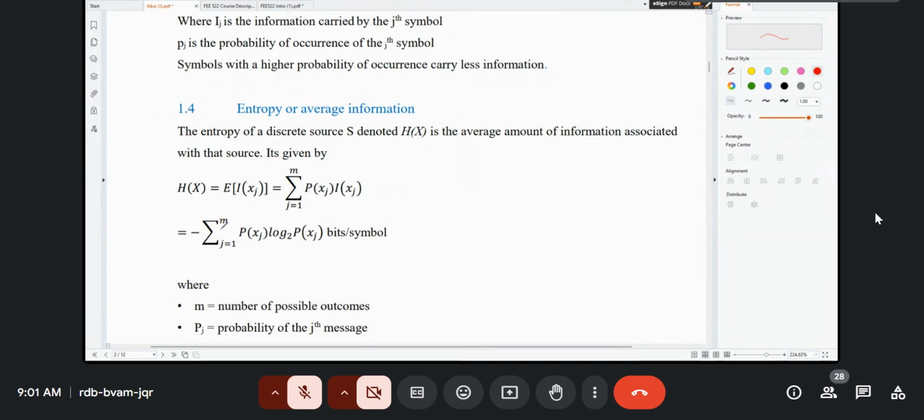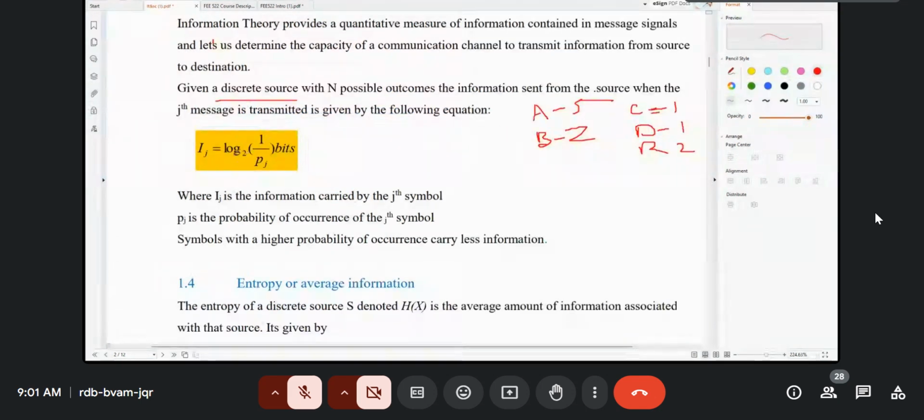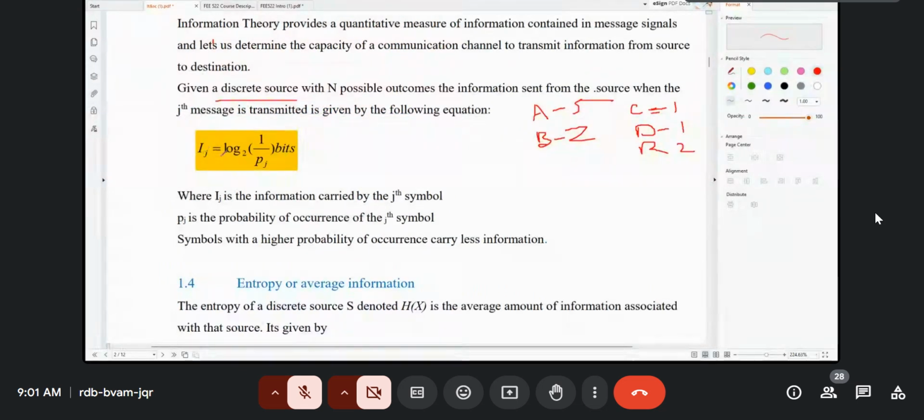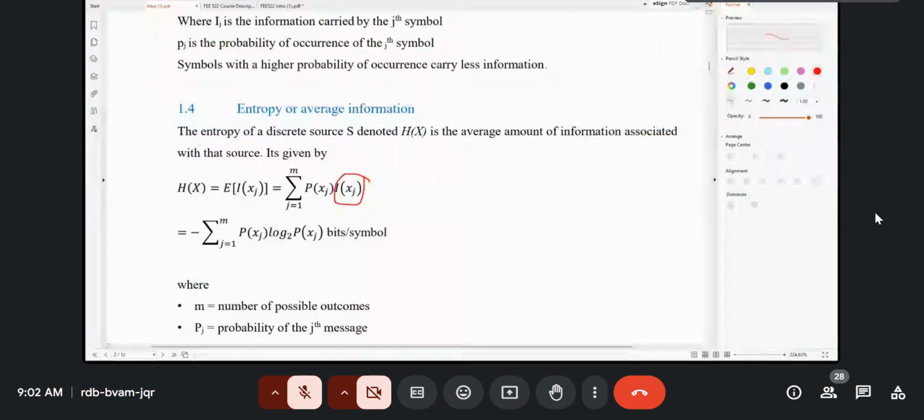And you can replace I of xj from the definition here, which is simply I of xj equals minus log base 2 of p of xj. So entropy is simply negative, the sum from j equals 1 to m, of p of xj times log base 2 of p of xj.